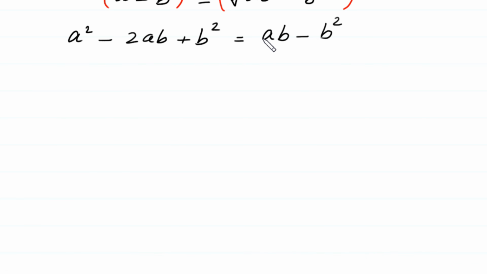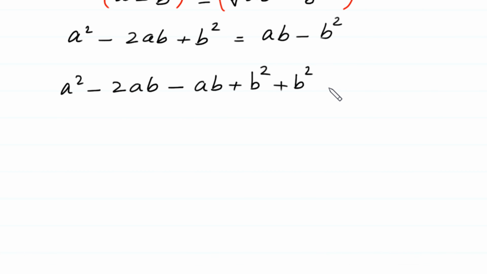Next we move this ab and this minus b square to the left side. a square minus 2ab, we move this positive ab to the left side, it becomes negative ab, plus this b square, and we move this negative b square to the left side, it becomes positive b square, equal to 0.